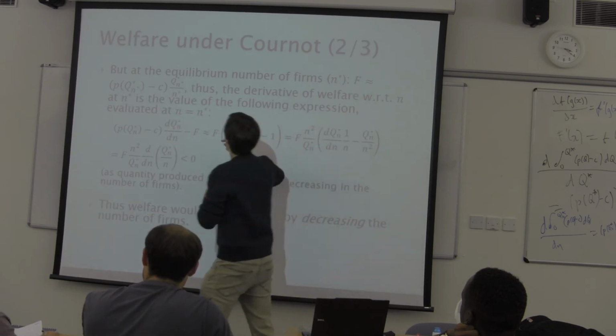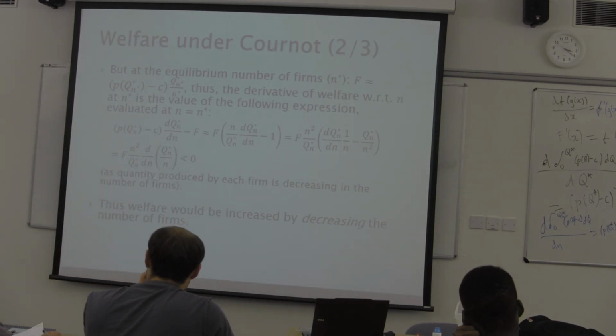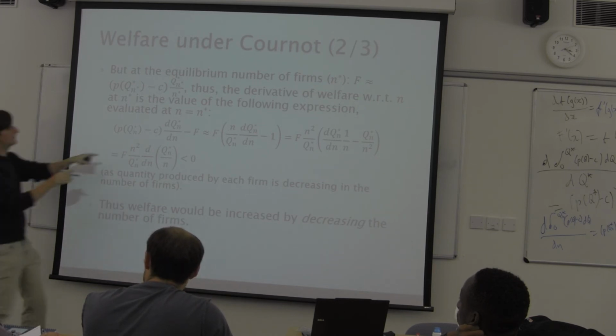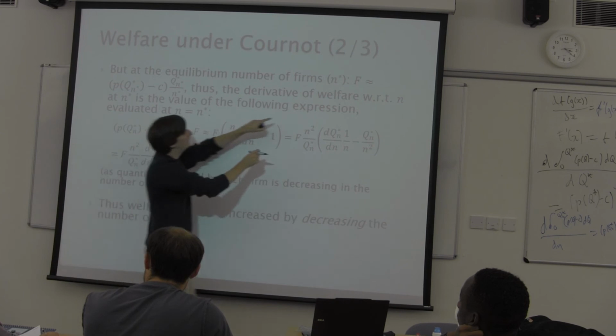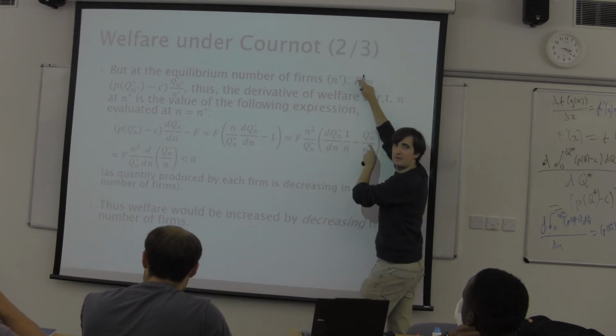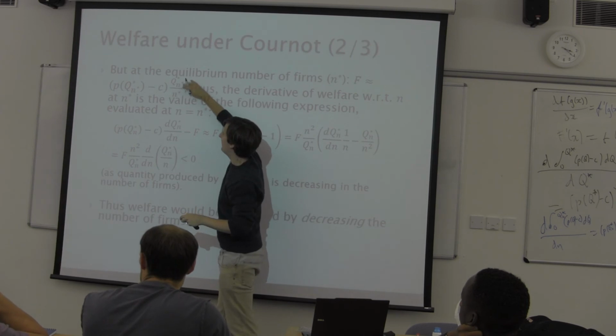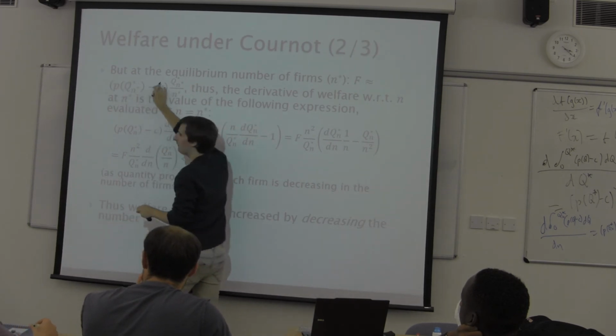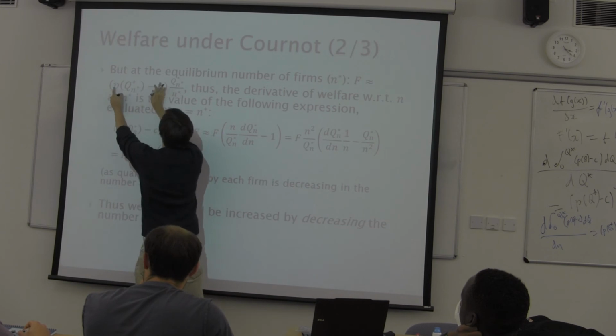So if we do f times n over q star, we've multiplied the right hand side by n over q, so we multiply the left hand side by n over q, and all we're left with is this bit in brackets.